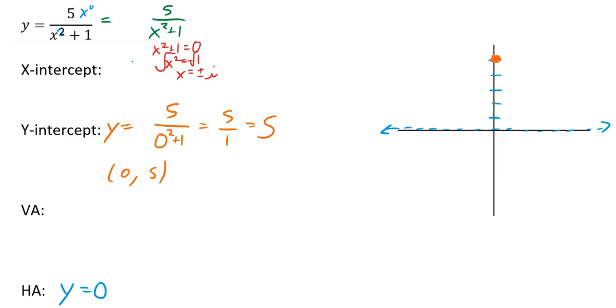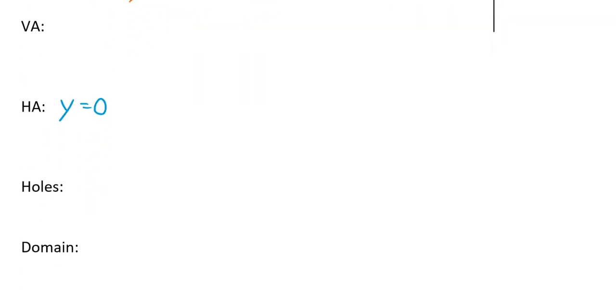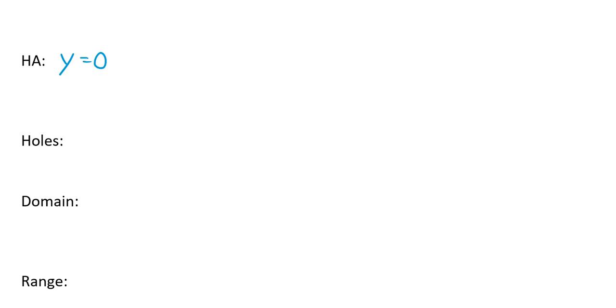There's no i on my x-axis, so I ignore that. The domain is all real numbers. It can't be i, but who cares? It's not a real number. The x could apparently be any real number. So I say the set of x's where x is in the real numbers.